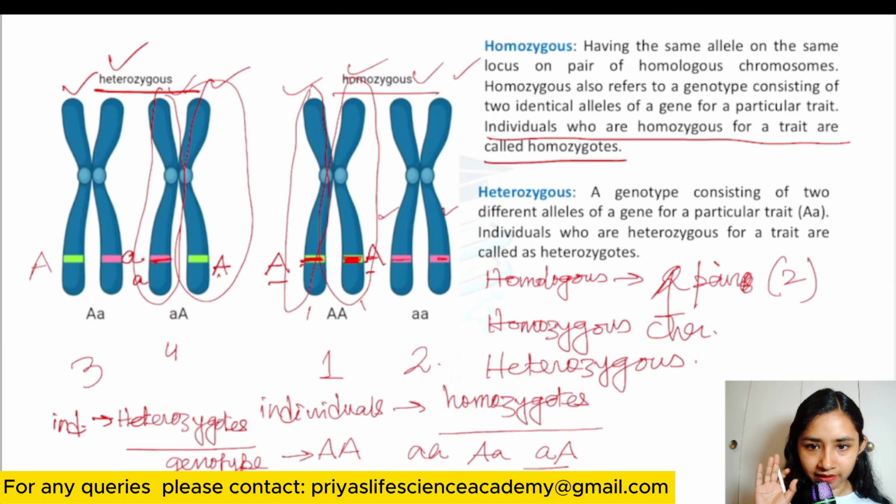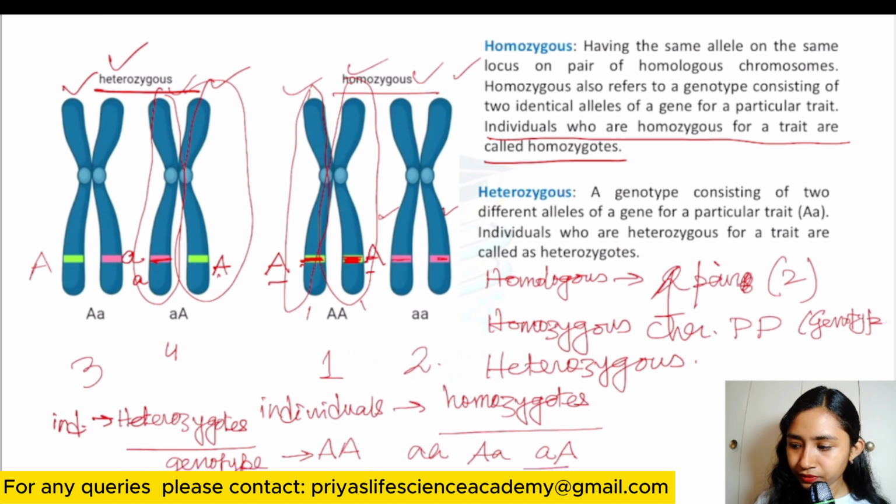Genotype is internal, meaning what kind of genes and alleles I have is internal. But phenotype we can see. I have shown you that capital P was the genotype of the flower. So what is genotype? I hope you understood.